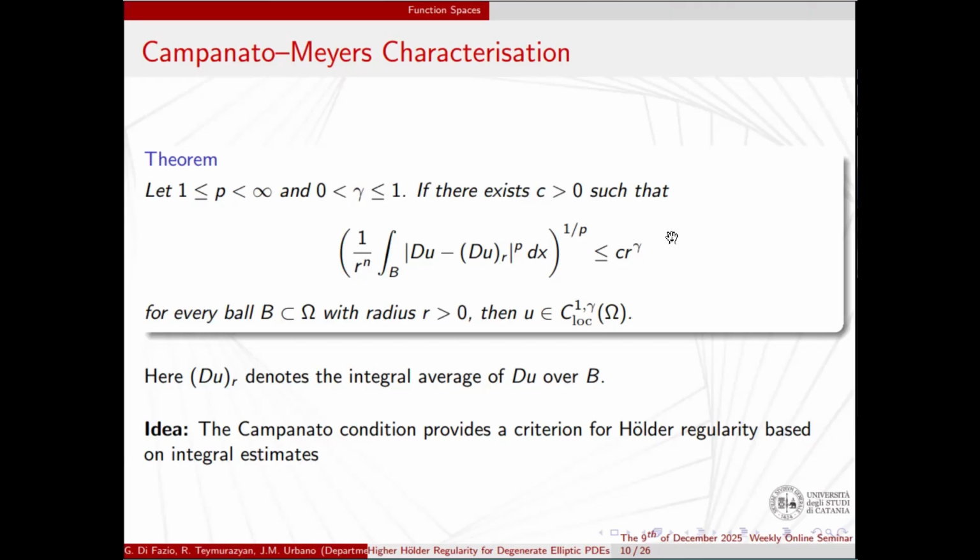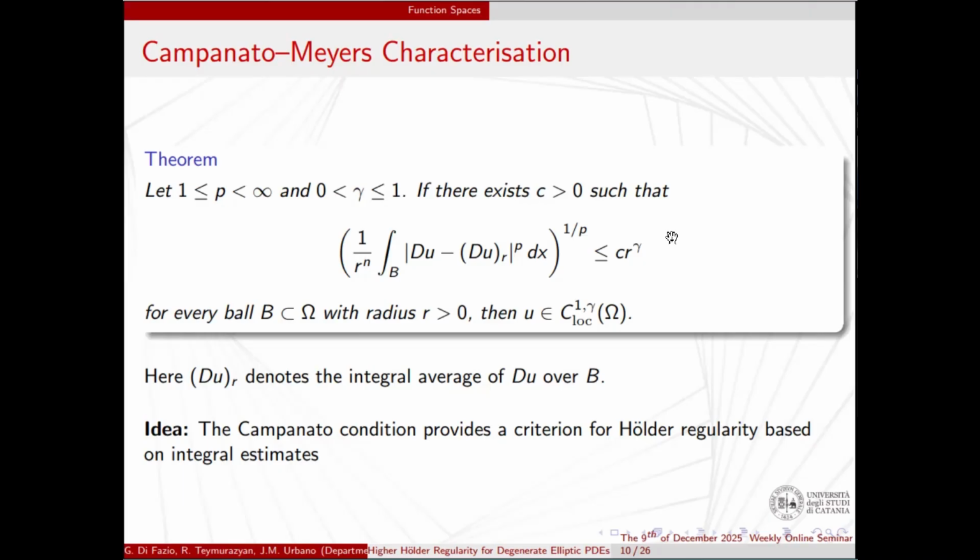In general you don't have any information about a quantity like this, but if you know that it goes to zero, dominated by some power of the radius, r to the power gamma, then the characterization is that the function u is C^{1,gamma} locally. This is an if and only if.